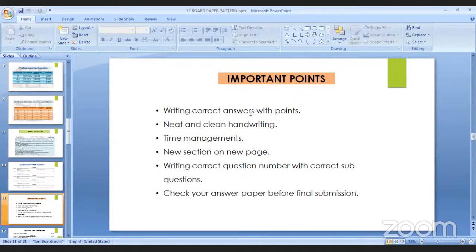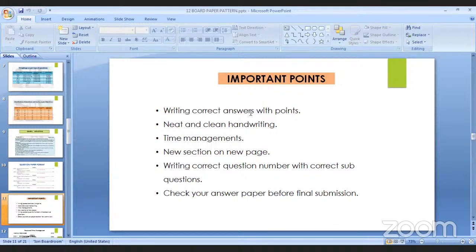First attempt your MCQ. If you don't have any idea about the answers, skip that first question 1, that is section A, and attempt it at the end. No issue, you can attempt it at the end, but don't attempt some MCQ answers on the first page and then at the end attempt 3 more. Sometimes, due to poor paper presentation, the paper checker may get confused, or your marks may not be properly counted.